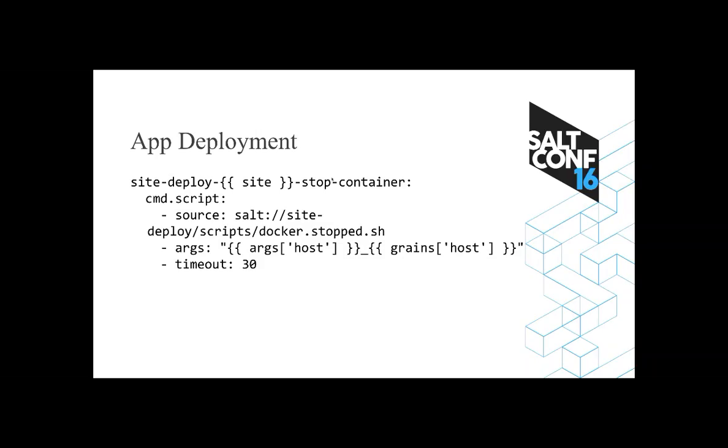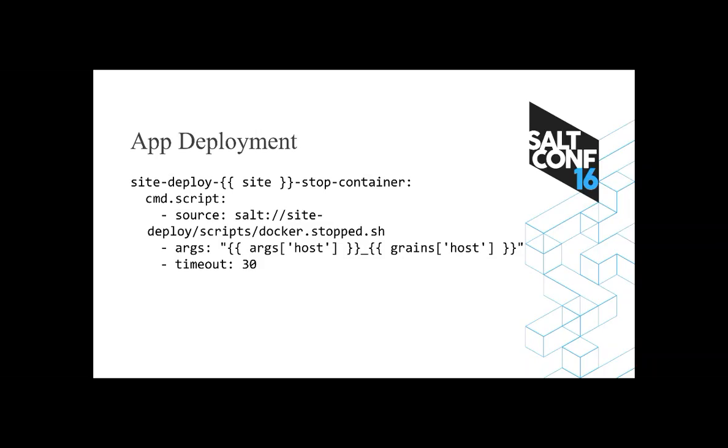Then app deployment, again, we have some custom shell scripting, so lots of flexibility. If for some reason Docker ng doesn't include the latest version of whatever functionality that you need, you can create a command script that can be executed instead of directly calling the Salt module.